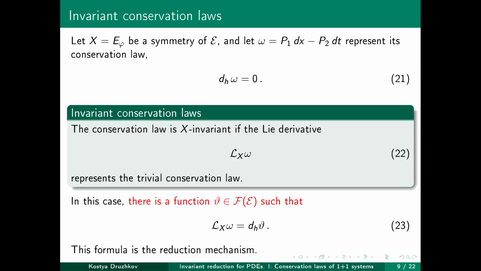But we consider conservation laws because in this case, it's easy to describe the reduction mechanism in terms of a very simple algorithm and implement this algorithm in a REPL and all of that. So we can get essential information about invariant solutions in no time. In this case, we don't have to calculate anything in the case of 1+1 systems and in the case of their conservation laws.